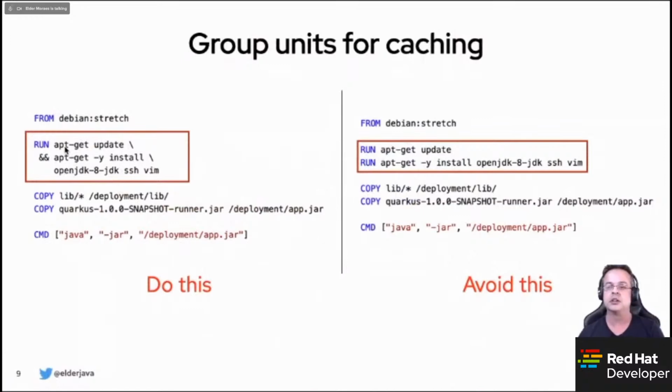So your cache for this Docker container will be much more efficient than if you use this. So group units when using commands inside your Dockerfile. So here we approached the topic of long build time. Basically here we're talking about caching. Caching is your lifesaver when talking about build time.